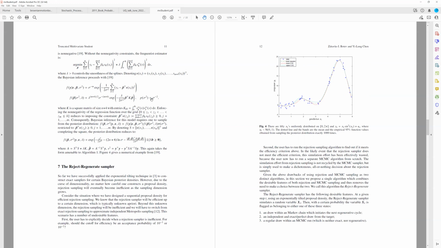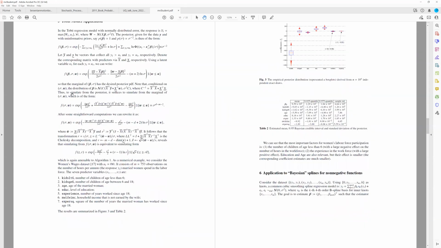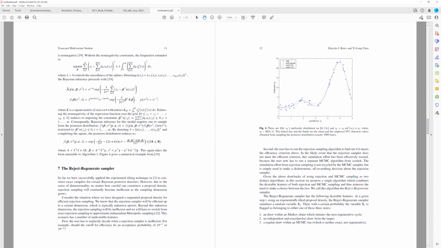And if the spline is modeled like a Kriging or a Gaussian process, then your posterior again will be a multivariate student, a very high dimensional multivariate student truncated to some convex region described by linear inequalities. So these are three examples given in the paper, just to explain why this is a useful thing to have.